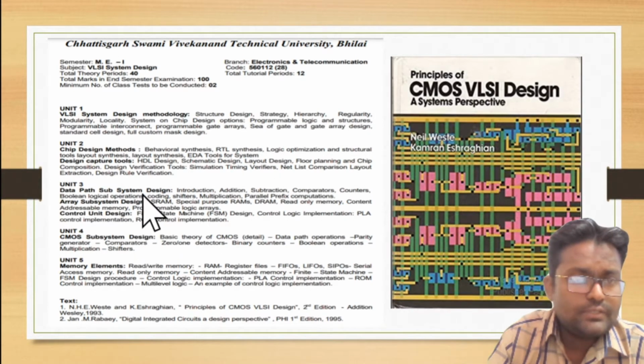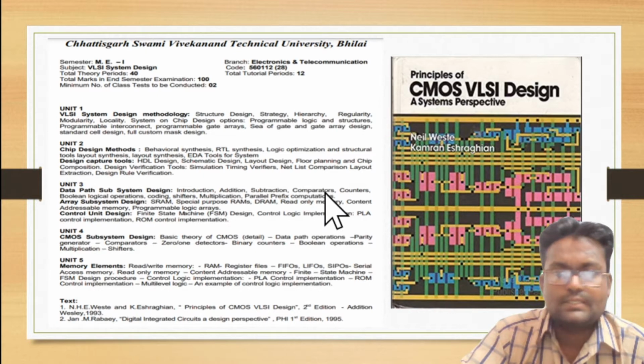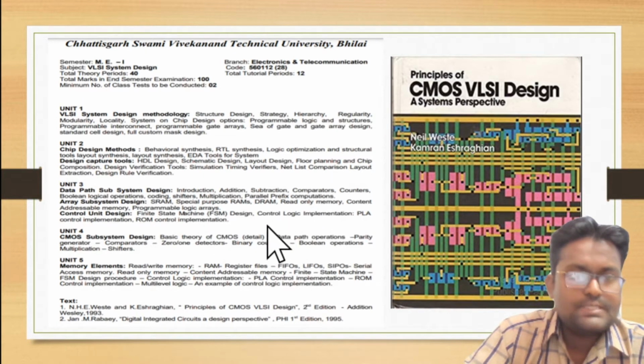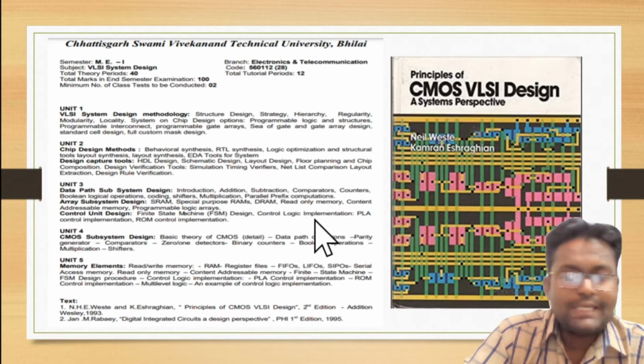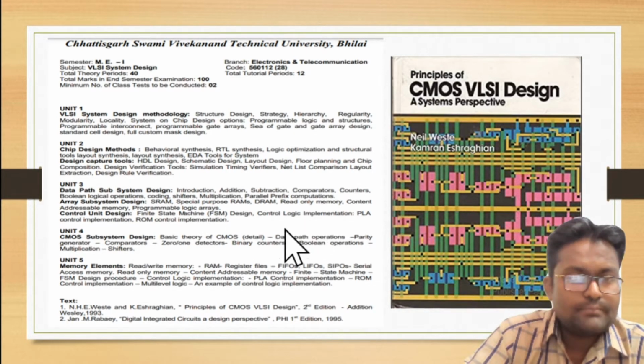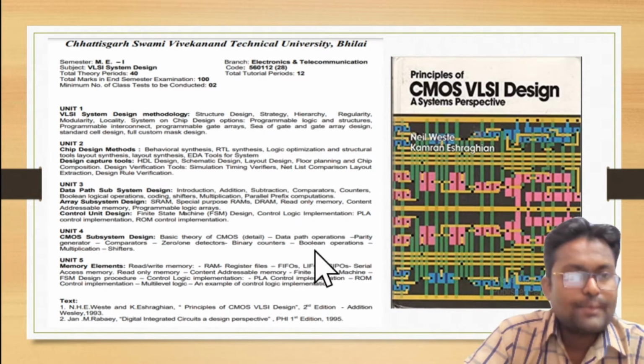Then the third unit covers the topic of data path subsystem design. In data path subsystem design, we have to discuss some memory elements, that is RAM, DRAM, ROM, and various memory structures and memory cells.